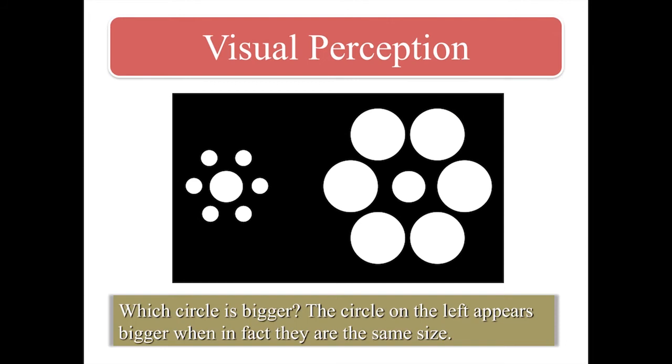Another example of visual perception is this one. So which circle is bigger? Is it the circle in the middle on the left, or is it the circle in the middle on the right? What we find is the circle appears bigger when it's surrounded by smaller circles than it is by the one with large circles around it. So although the circles are identical, the appearance is dramatically different by the context around it.